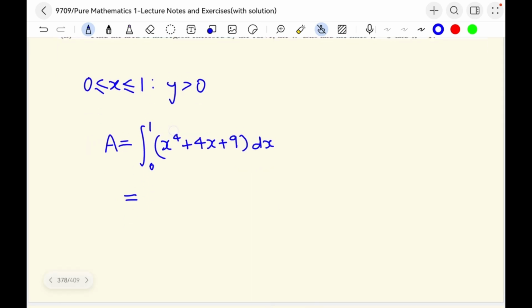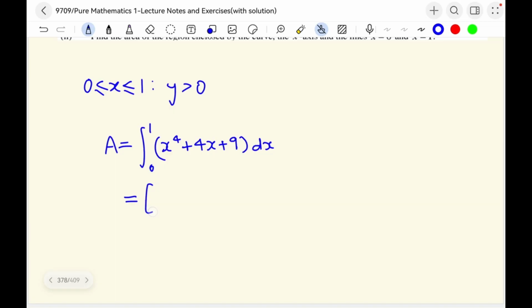Now integrate it. You will integrate into 1 over 5 x power 5 plus 2x squared plus 9x from 0 to 1. Now substitute it.